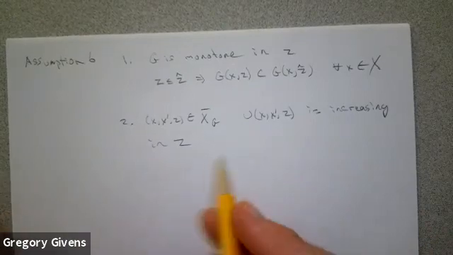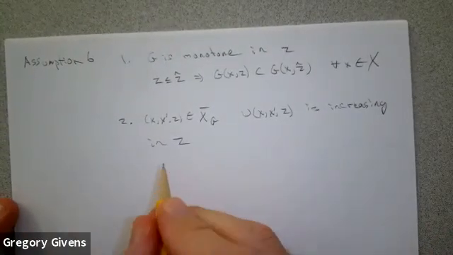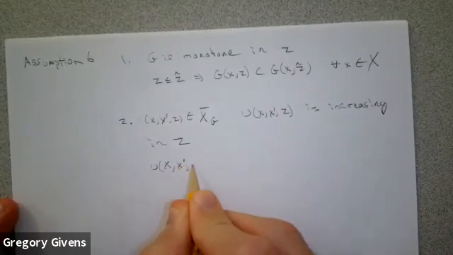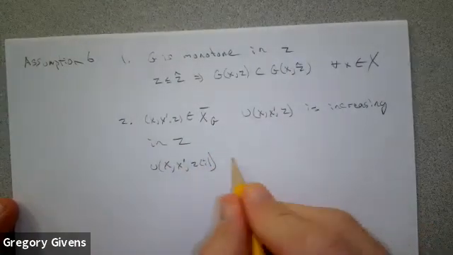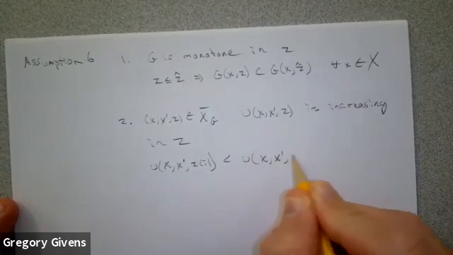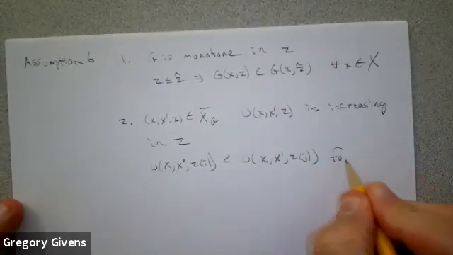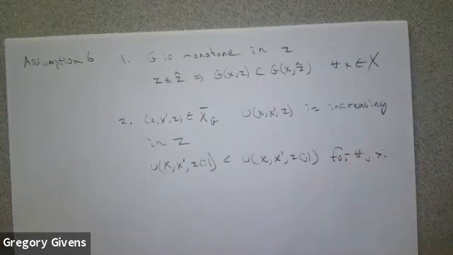But since Z takes on this discrete topology, the way we write this is that U of X prime, Zi, where Zi is one of the shocks, is going to be less than U of X prime, Zj, for all j bigger than i. Remember, we wrote the shocks in ascending order.